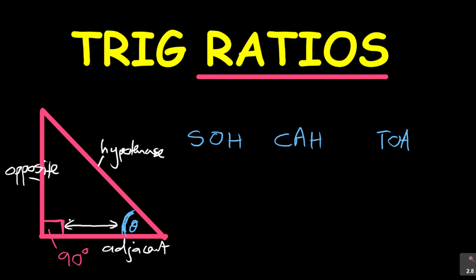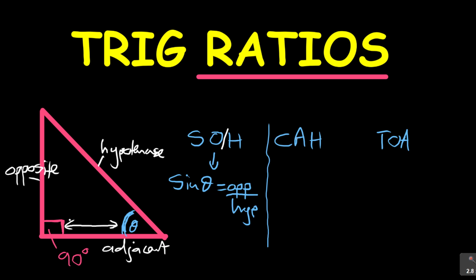Now, how do you write SOHCAHTOA? Sine theta is equal to opposite over hypotenuse. That is the first trig ratio you must know. Whenever you're writing it, you can say sine is equal to O over H, meaning opposite over hypotenuse. Similarly, C stands for cos.